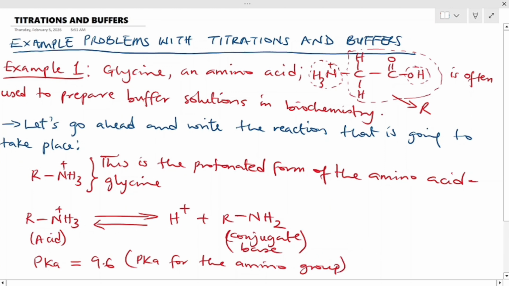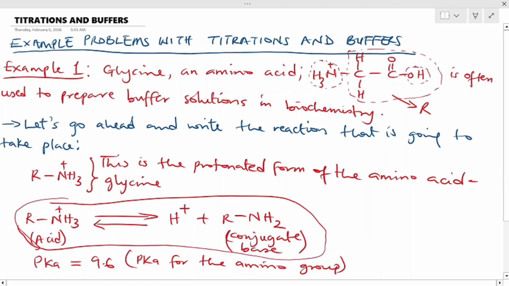So in this reaction we are considering a buffer solution. Right here we have a little bit of a buffer system.